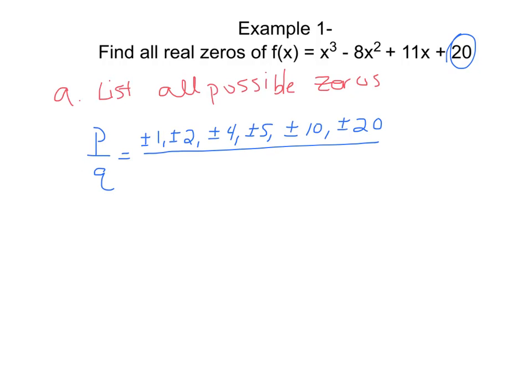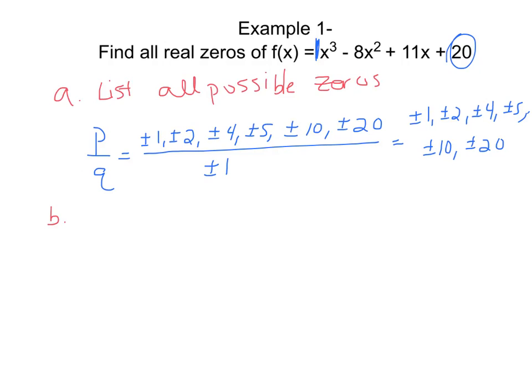And my factors of my leading coefficient stand for Q. The leading coefficient is 1. Factors of 1 are just 1. So dividing by 1 is not going to change any of those possible rational zeros. So our rational zeros are just plus or minus 1, 2, 4, 5, 10, and 20, just like the top row of that P over Q. So there's our possible zeros.